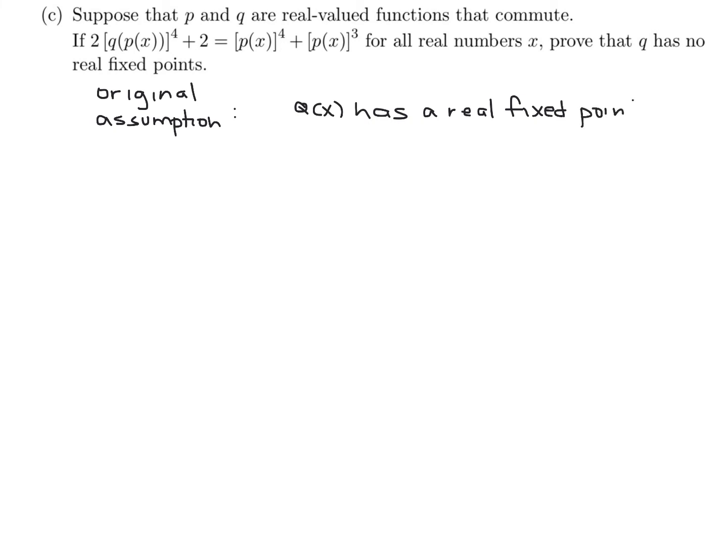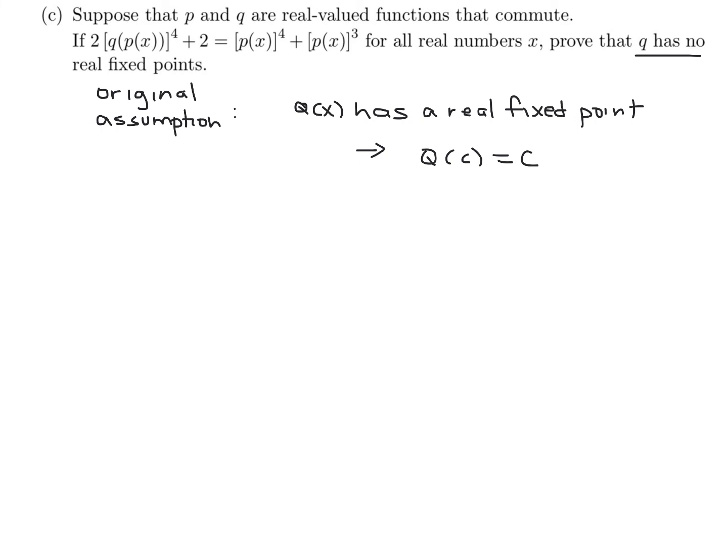And by definition, that would mean that q at c equals c. If it does, this would be true. And then we're going to show that this assumption is incorrect, and that means that q has no real fixed points.